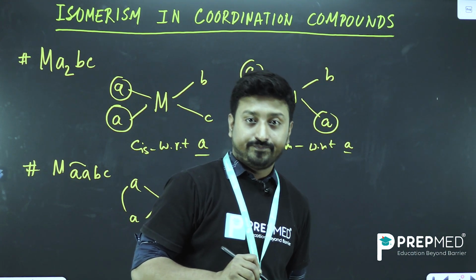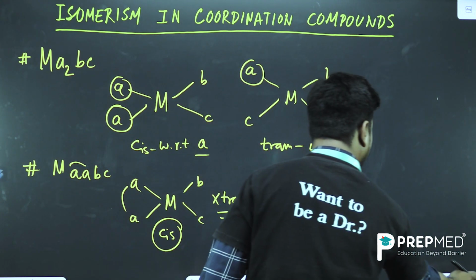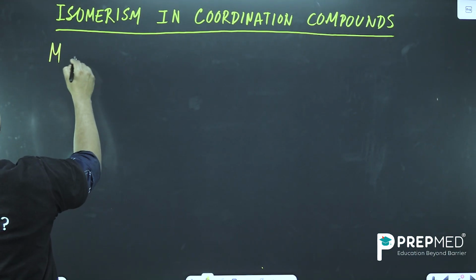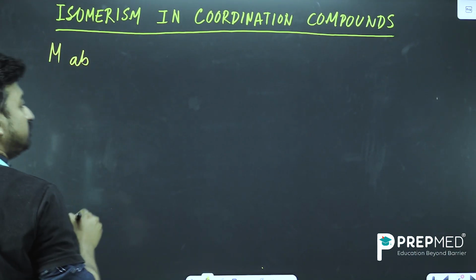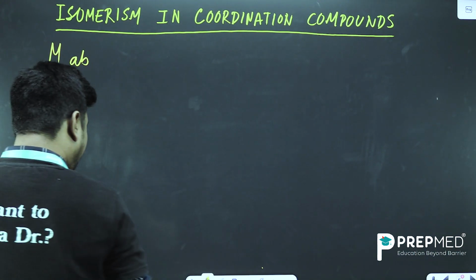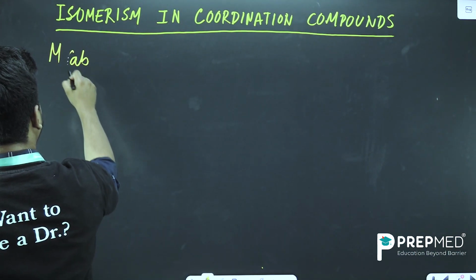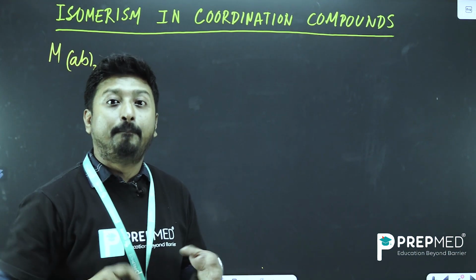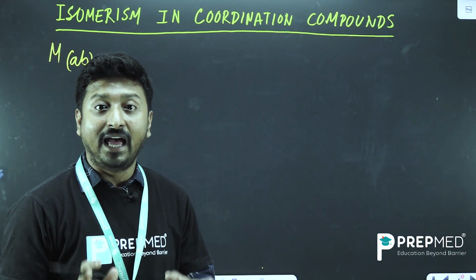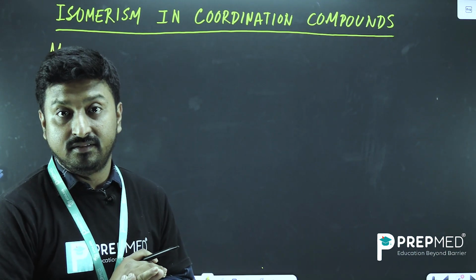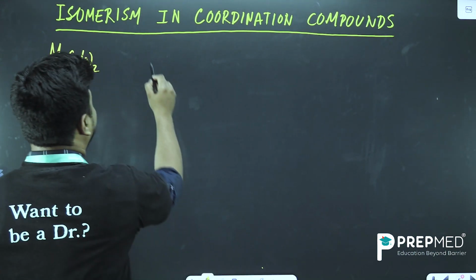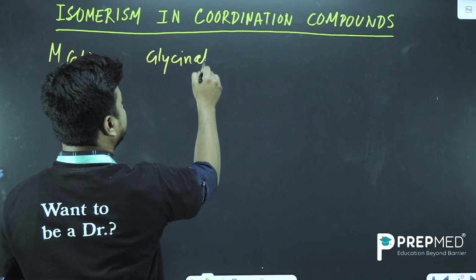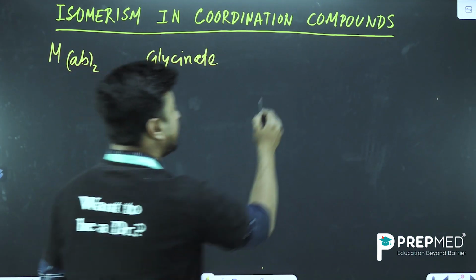Now, the next one. Next category, let's see. If I have it like this, MAB, okay, M(AB)2, where AB means it is a bidentate ligand but having 2 different donor centers. Right? Like we know the molecule glycinate. Okay, what is the structure?